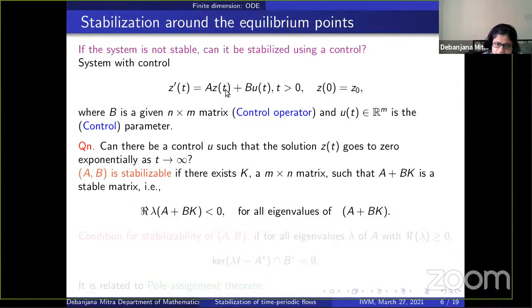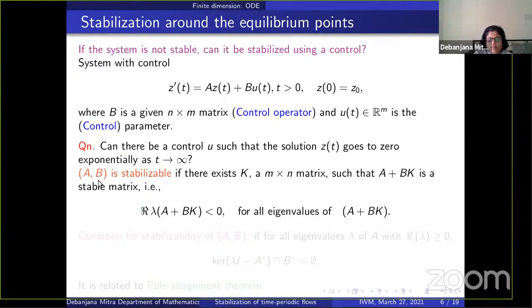Now suppose the spectrum or eigenvalues of the operator A plus BK has only negative real part, then you know in particular that A plus BK is a stable matrix. Then the solution of this dynamical system z'(t) equal to (A plus BK) z(t) has the stability property, or in particular the solution goes to 0 as t goes to infinity.